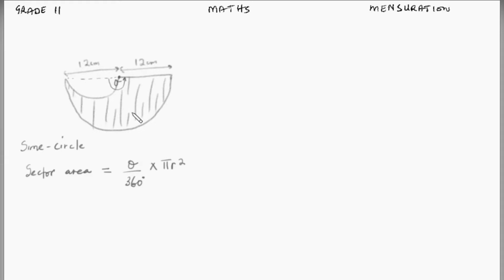So in our case, to find the area of this shape, being the shaded area, we must understand that it is going to be the area of the large sector minus the small sector area.